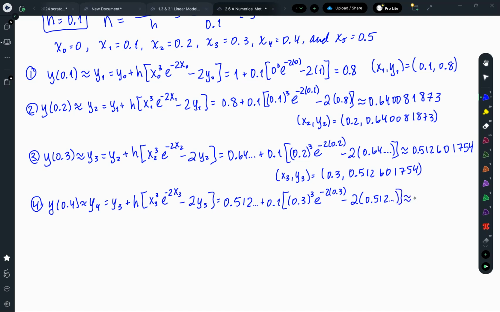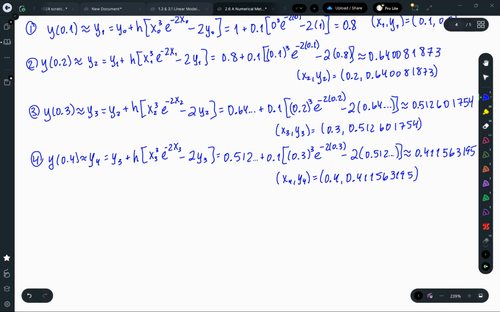And this gives me approximately 0.411563195. So then I know x4 and y4 are equal to 0.4, comma, 0.411563195.